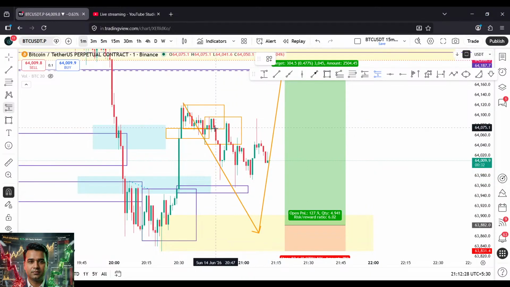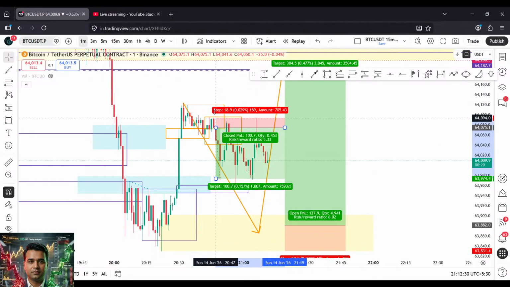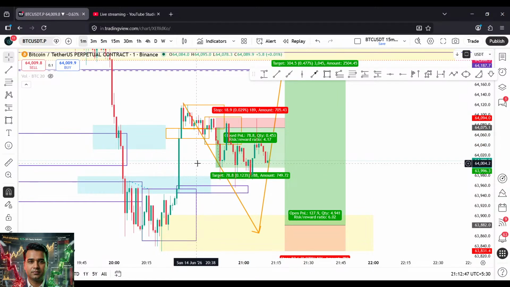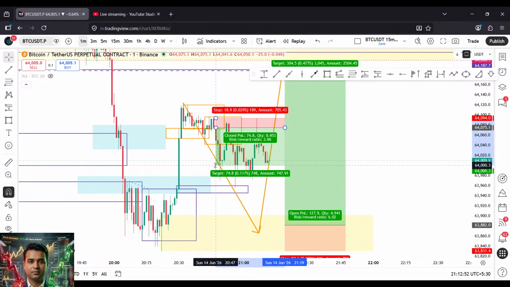Short trade like this, till here 1:4, not below that. These are for those who are fast scalpers and can take higher risk. 1:4, it was 1:4 only, not too big a reward.